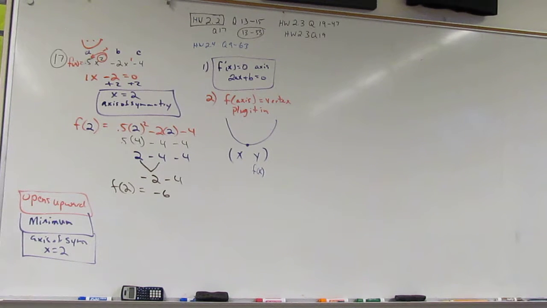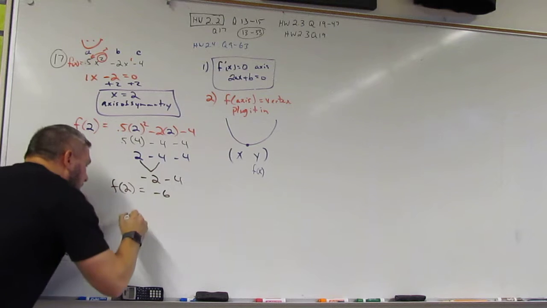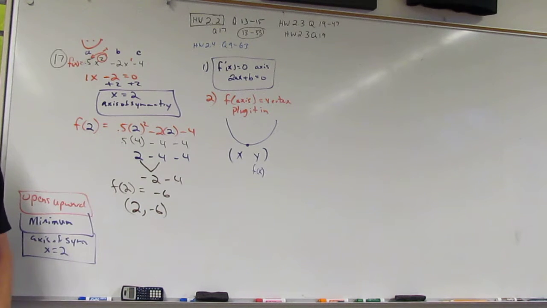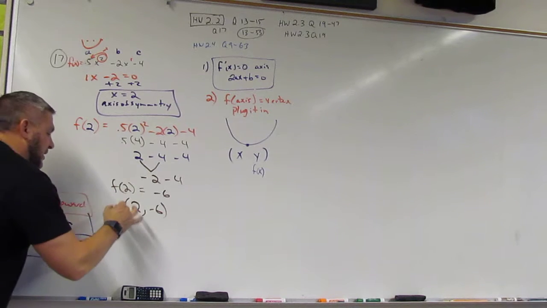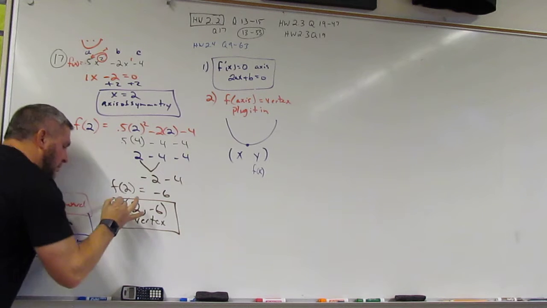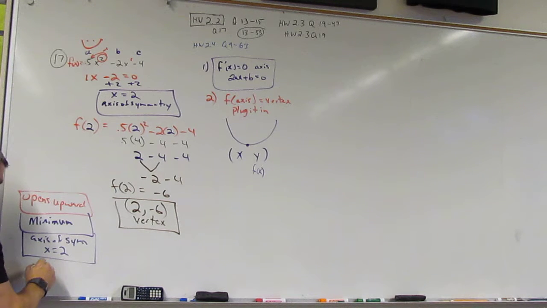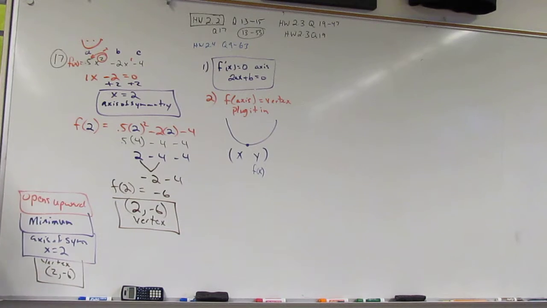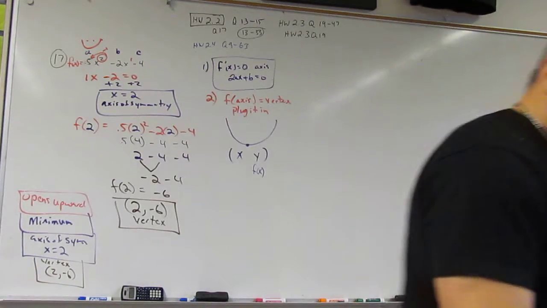Okay, because I can write (2, -6) as a coordinate. This is my vertex. So they ask for the vertex, and we know that the vertex is (2, -6).